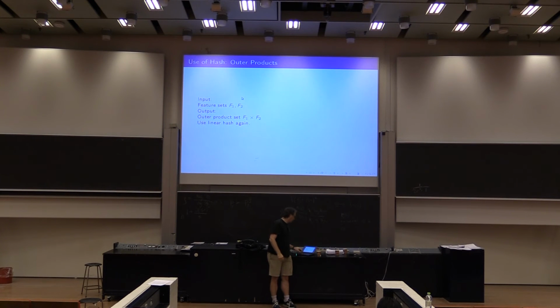Okay, so now you want to do outer products. Your input is 2 sets of features, and your output is the outer product of the 2 sets of features. This is a really useful primitive for several reasons, but a common one is that you only care about the interaction of two sets of features. Suppose that you wanted to predict which search result should go with a query.